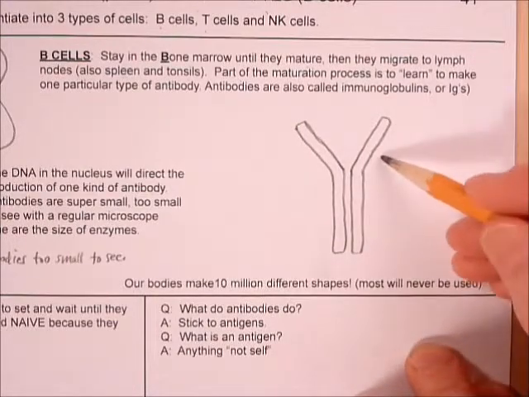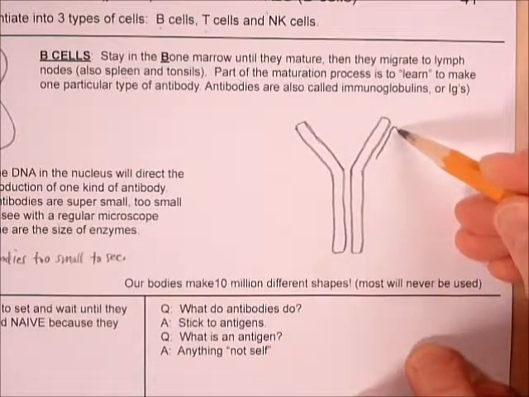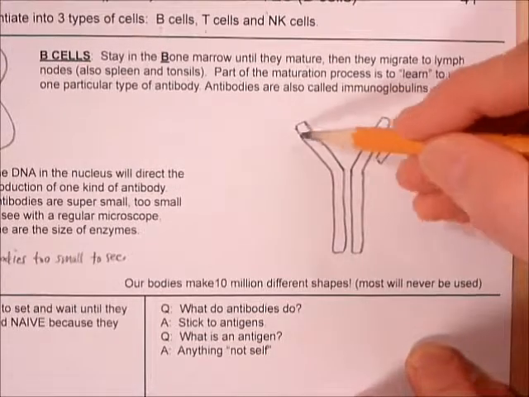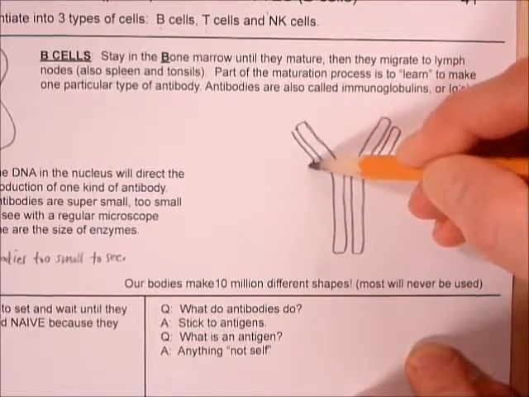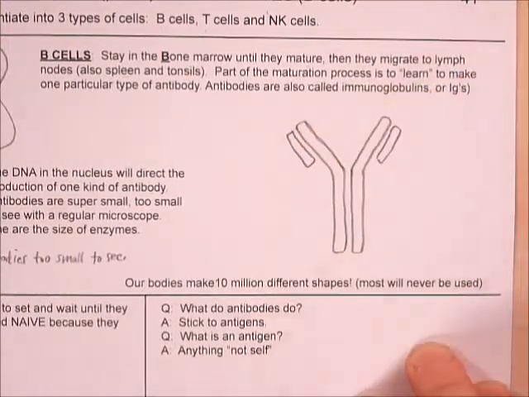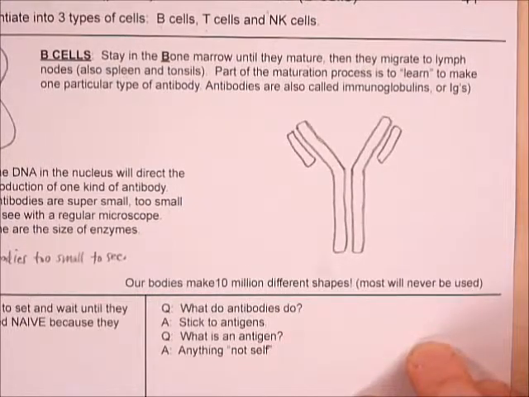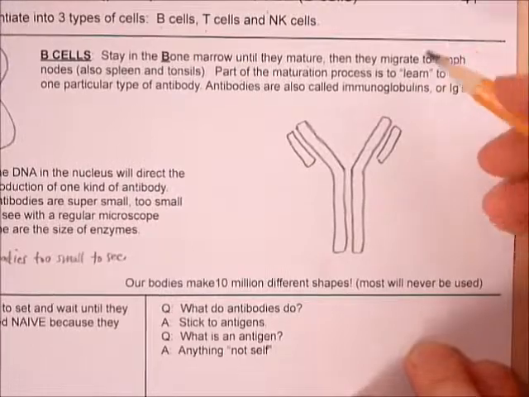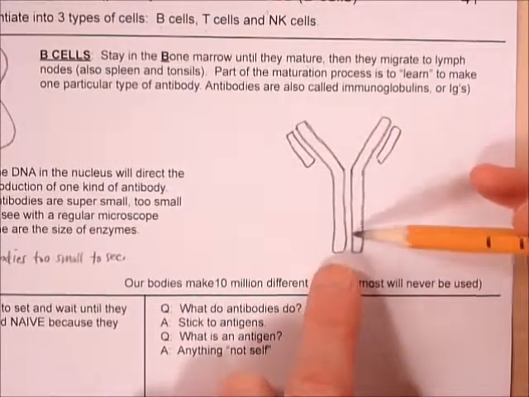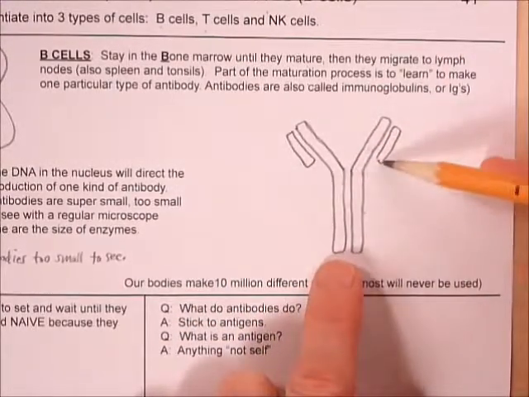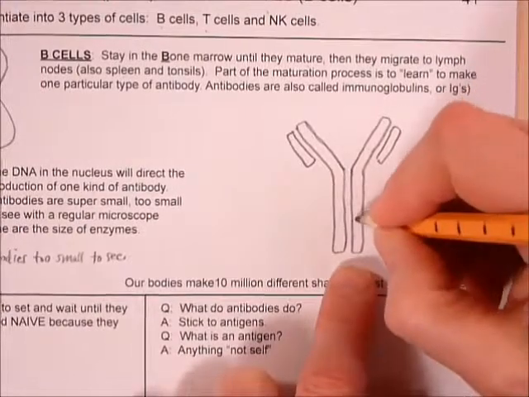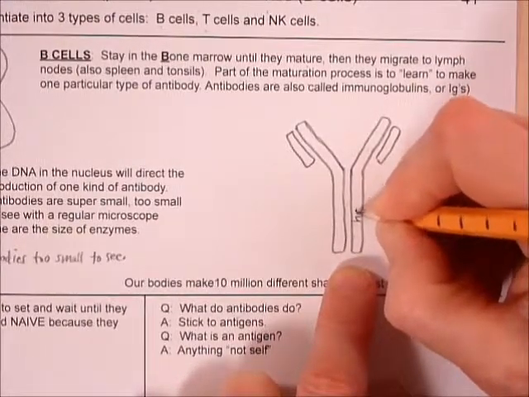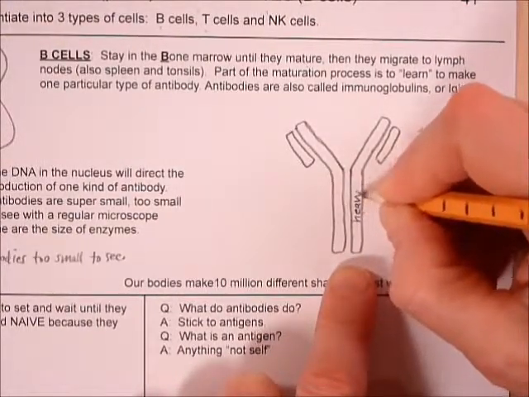And then there's one more little piece right under here and right under here. That's it. Now these big pieces and little pieces have names. The big pieces are identical to each other, and the little pieces are exactly the same. The big ones are called heavy chains.